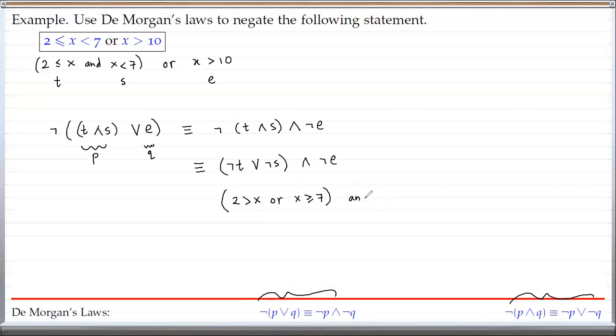And then we have and, not E. Not E is X is greater than or equal to 10. So this is the negation of the given expression. And we can confirm that we got the correct negation by trying to draw a number line for this one and for this one. I will let you do that.